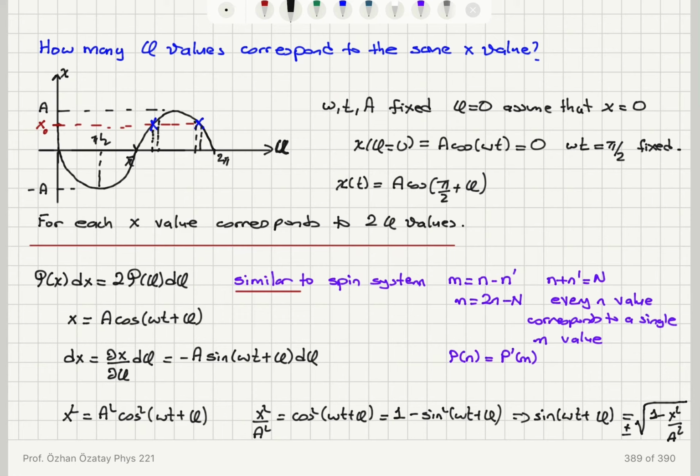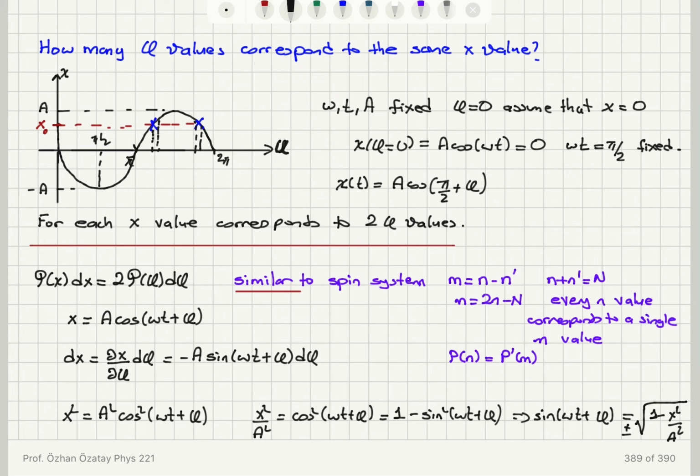So I noticed that if I take a fixed x value here, there is a set of two phi values that correspond to the same x value. So if you have the probability of finding a phi value for two distinct values of phi, you will find that you have a single x value corresponding to it.